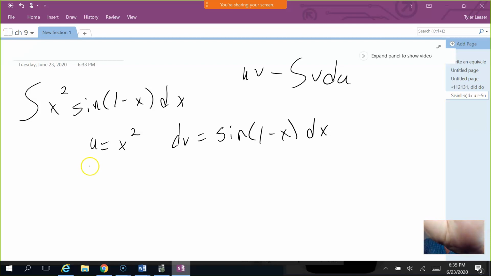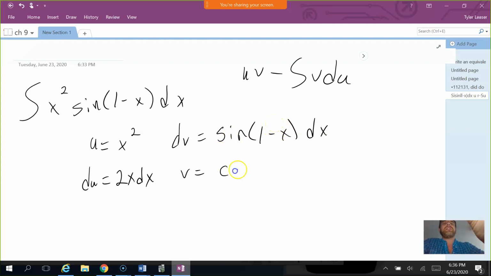Once you have the u and the dv, you want to find your du, which is just the differential of u, and then for the dv, you want to find the antiderivative. Be a little bit careful with this because of all the signs floating around. The antiderivative of sine is negative cosine, but then we're going to take out the negative 1 that's multiplied on the x anyway. So this comes out to be positive cosine of 1 minus x. You can always double check to make sure you did it right by taking the derivative of v and making sure it comes back out to be dv.